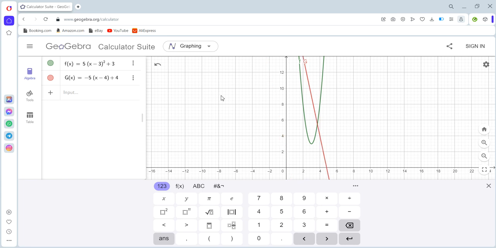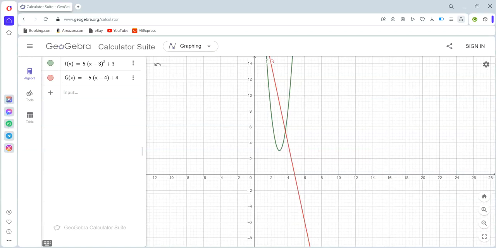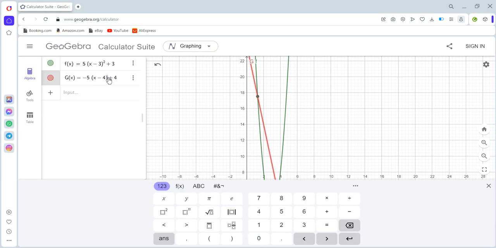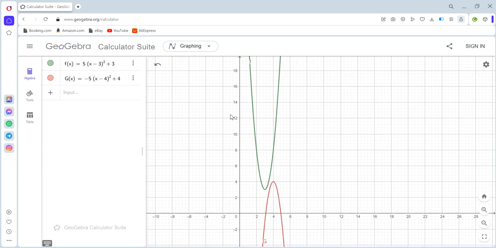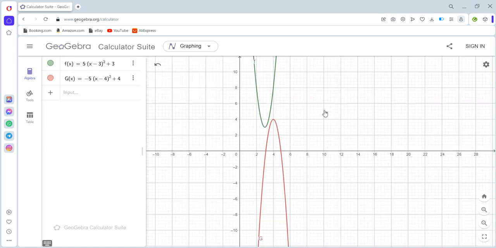Let's see. Now you can see. Here the head is 4, 4 as here.